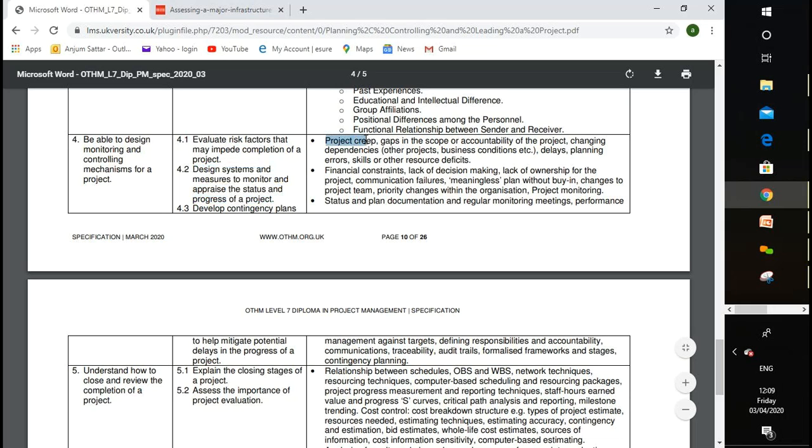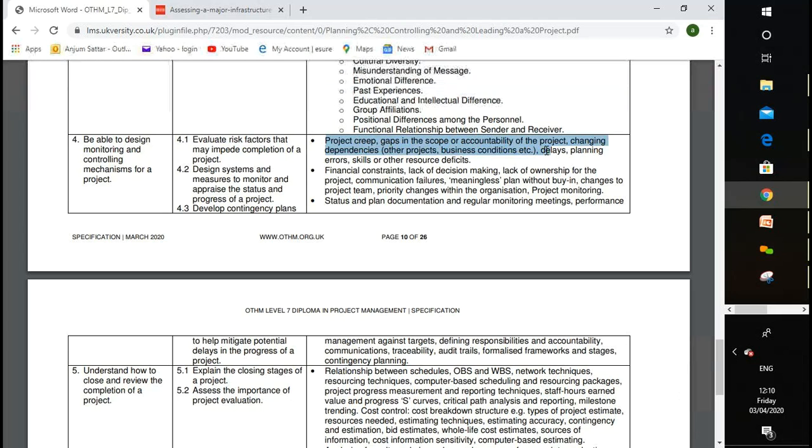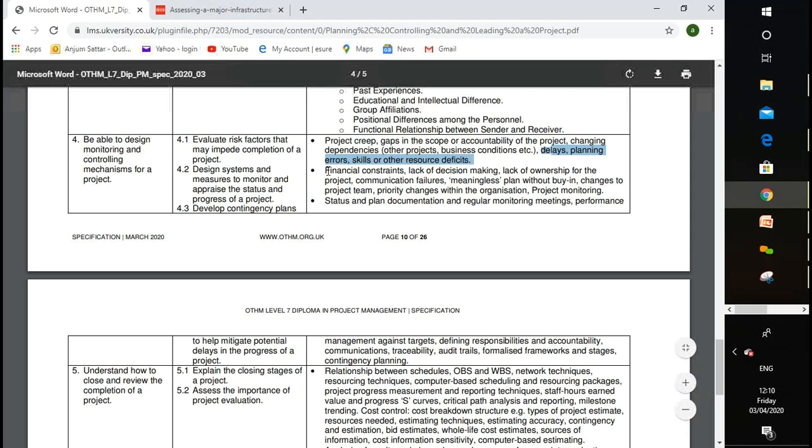So we have scope creep, gaps in the scope of accountability of the project, and changing dependencies. Of course, many projects and businesses depend on these things, like the HS2 project, which is in billions. We need to think about how many industries and other projects are dependent on this project.